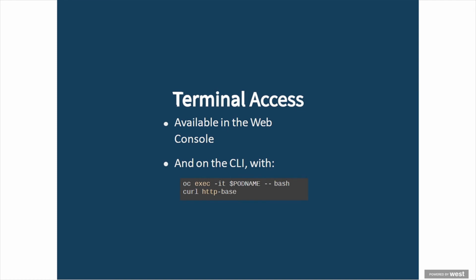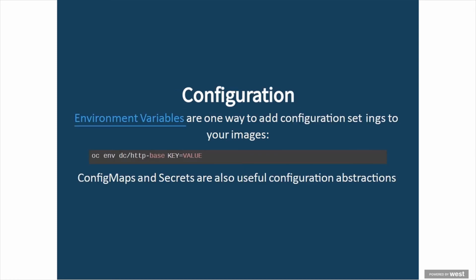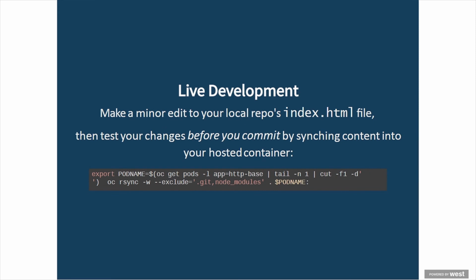Once connected, you can use kubedns to contact Kubernetes services by name. This example shows using curl to contact a Kubernetes service by service ID http-base. Environment variables are easy to add to deployment configs or other files using the oc env shortcut.